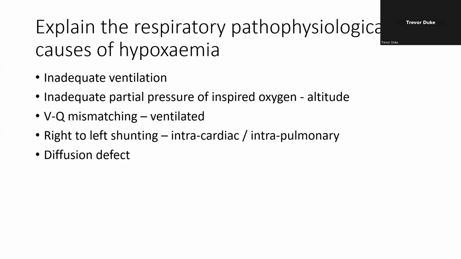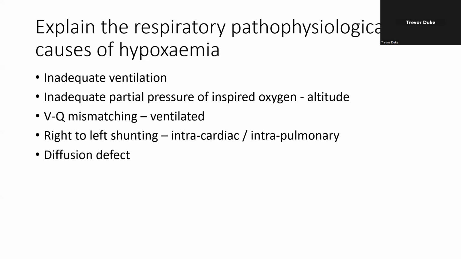Or if the child's not breathing enough oxygen because they're in an area of dense smoke, or they're at altitude, for example, or if they've got a VQ mismatching within the lung, they've got pneumonia, for example, or they've got a right to left shunting, such as a tetralogy of Fallot, or if they've got a diffusion defect from pulmonary fibrosis.